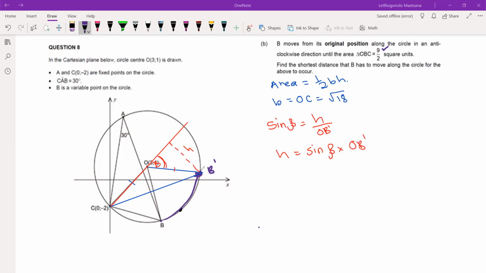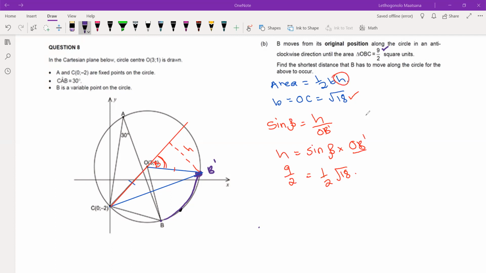Now remember, our OB is still the radius, so it's still going to have the same value of the square root of 18. Now, when we substitute everything in, our area, which is 9/2, must be equal to half our base, which is the square root of 18, multiplied by our perpendicular height.